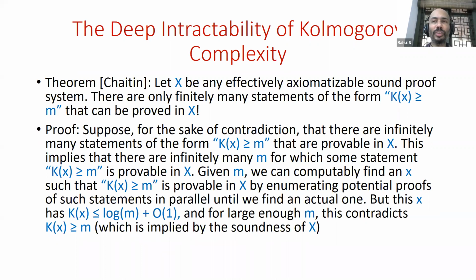So if X is effectively axiomatizable, it means there's some Turing machine, let's say V for verifier, which given a claimed proof says yes if it's a correct proof of a theorem, and then it's able to say which theorem it's proving. And we just want that to be doable by a Turing machine.